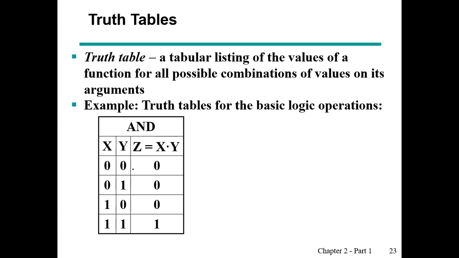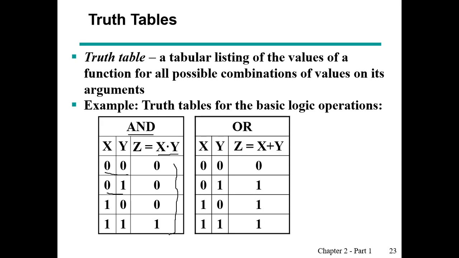So this is the truth table for the logical AND operation. Here the AND function is a two-variable AND function. We can define a three-variable AND function as well. These are the possible values for these two variables: 0 0, 0 1, 1 0, 1 1, and these are the possible values of the output. So we have gone through this. We don't need to spend a lot of time here. So this is the truth table for AND.